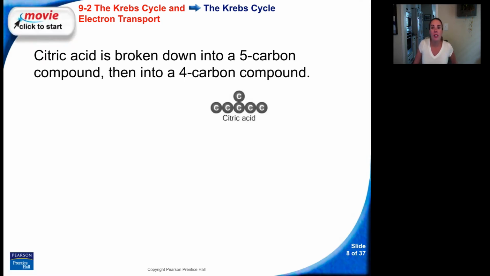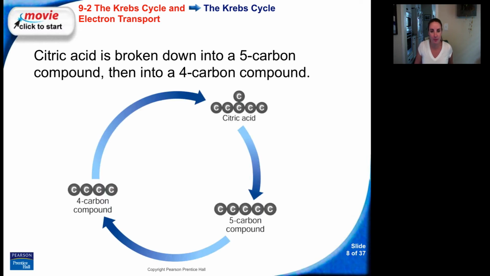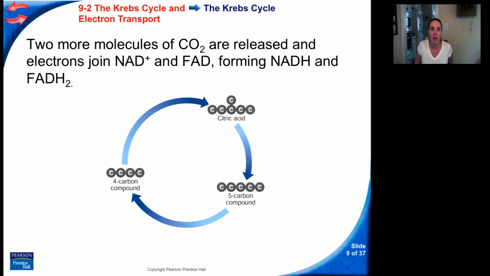Okay, after that, the citric acid is broken down into a 5-carbon compound, then into a 4-carbon compound. Okay? 2 more molecules of CO2 are released, and electrons join NAD plus and FAD, forming NADH and FADH2.